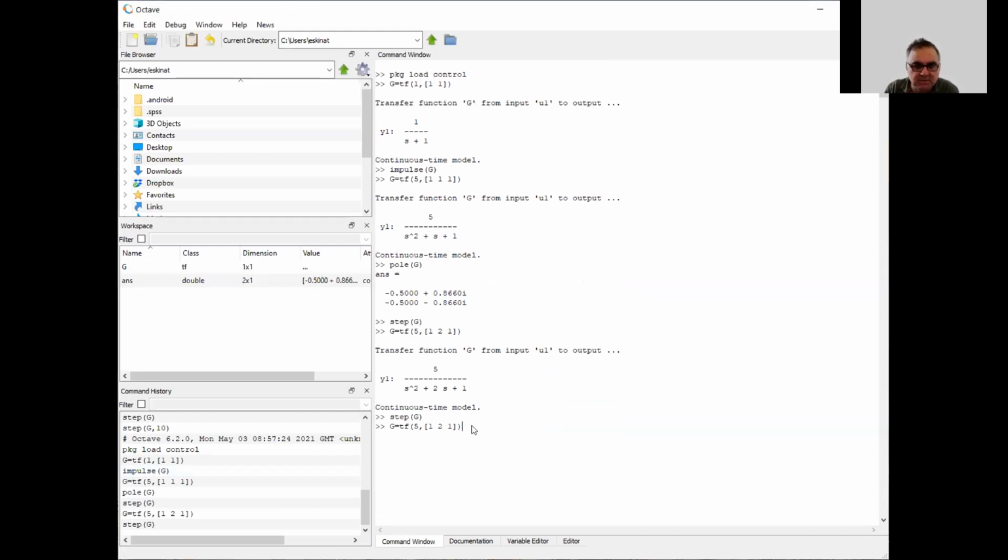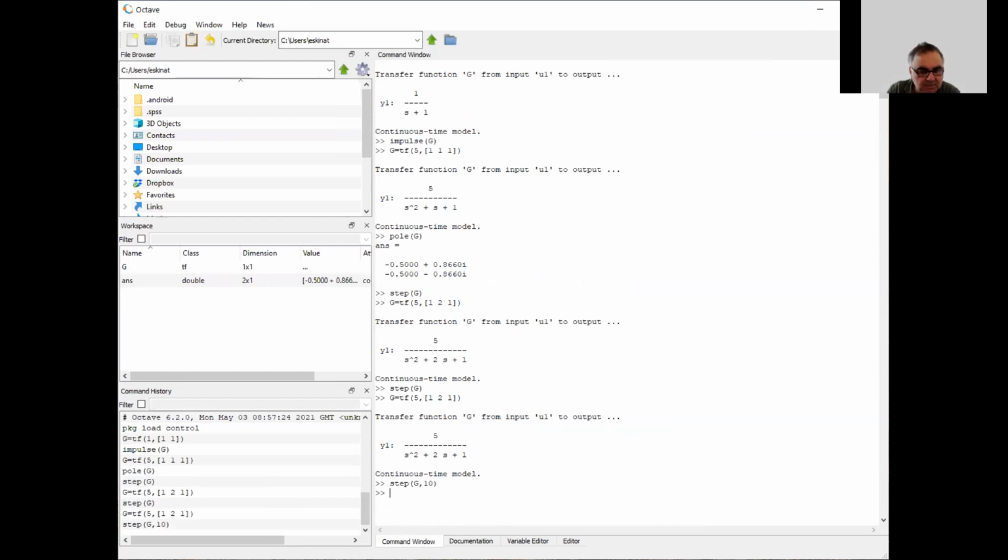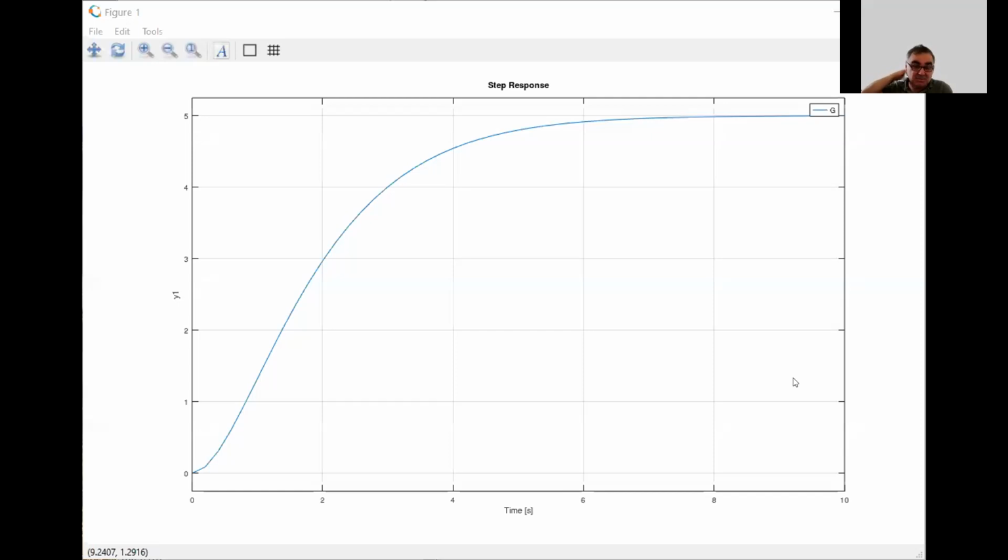This means s plus 1 squared. So its damping ratio is 1 here. If I find the step response of, let's say, up to time equals 10, let me show what we get. We get a second order critically damped system response. It has no oscillations, as you see. There are no oscillations here because the damping ratio zeta is 1.